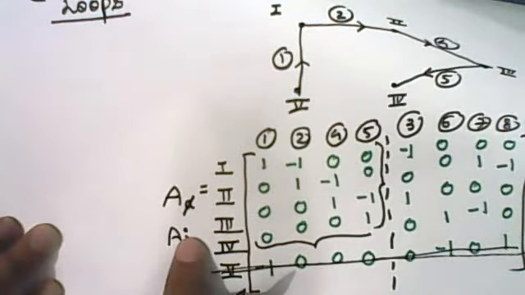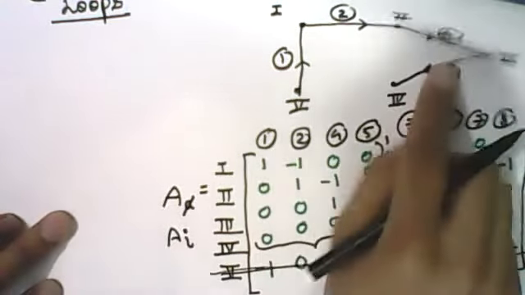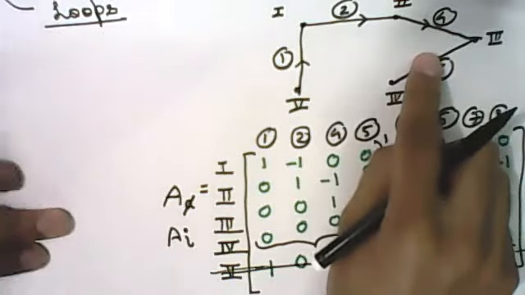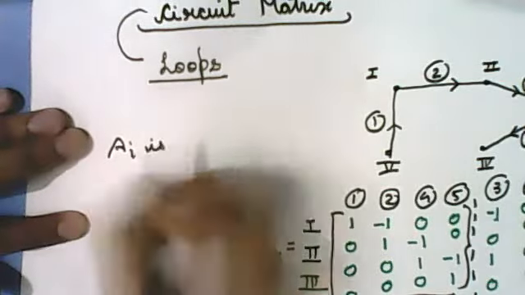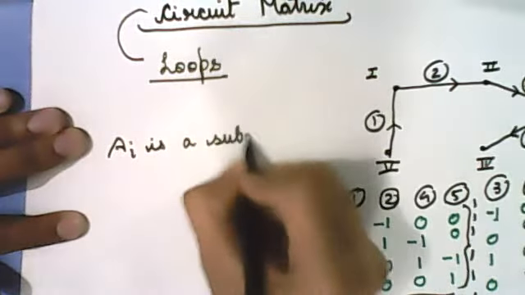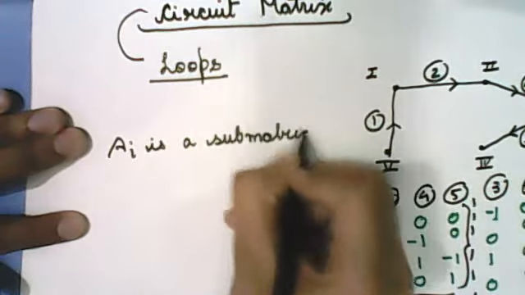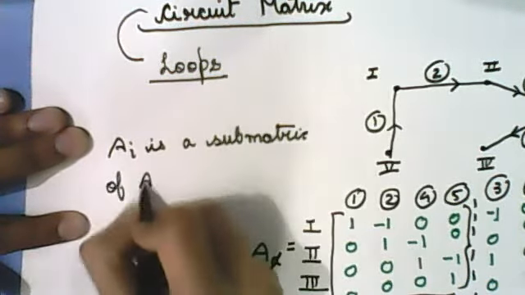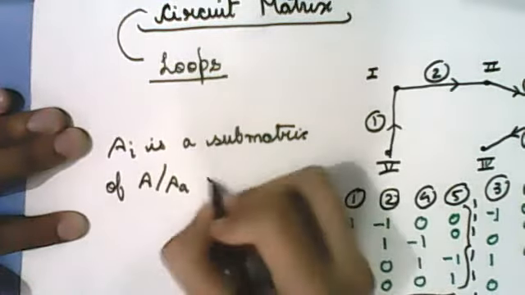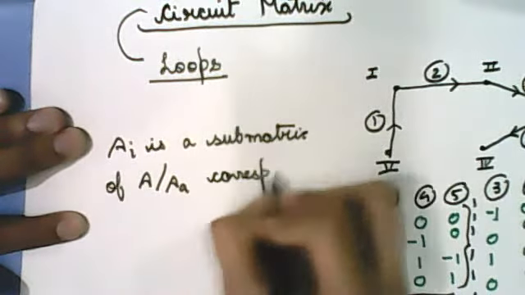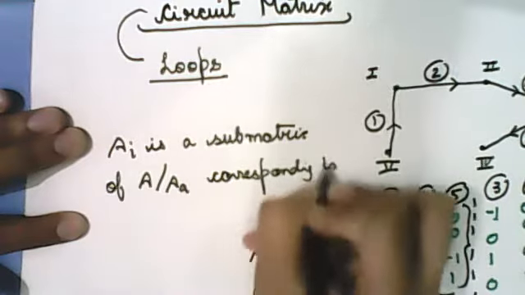AI can be written only with respect to a tree, and this tree we selected here. Okay, so I can say that AI is a submatrix of A as well as AA, of both, corresponding to a tree.